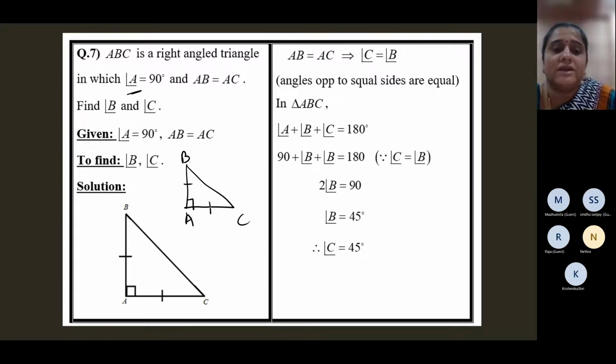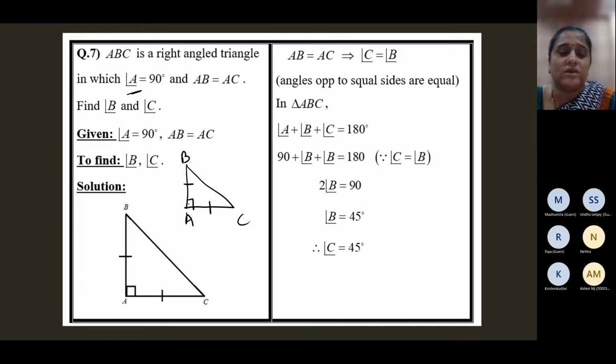So this is a right isosceles triangle because it's a right triangle and also an isosceles triangle because two sides are equal. So if these two sides are equal, we know that the angles opposite to these two sides will also be equal.